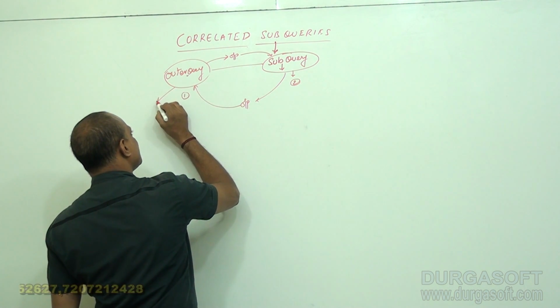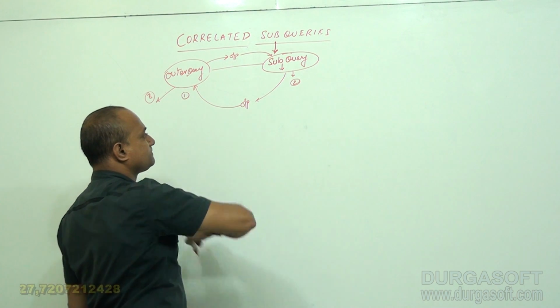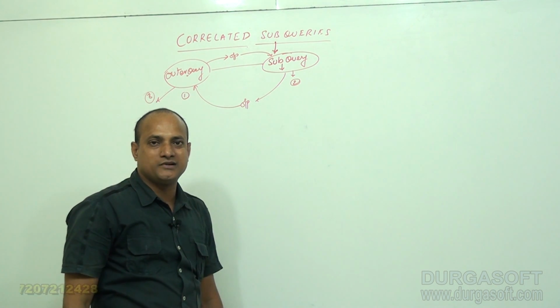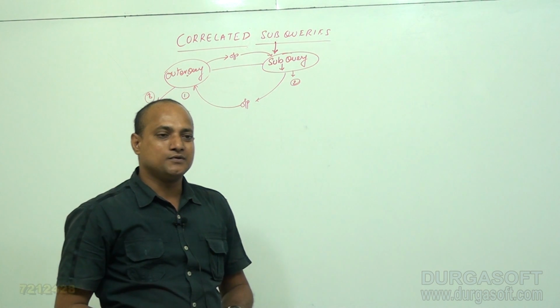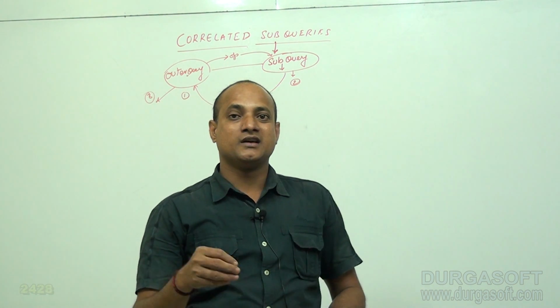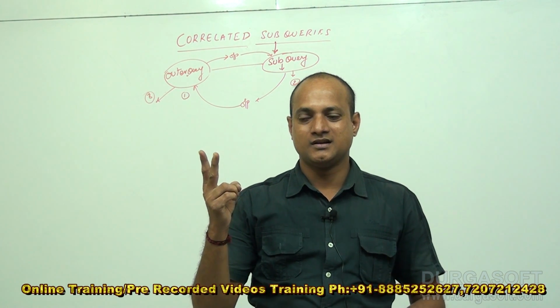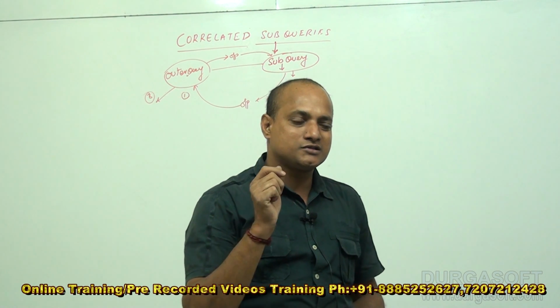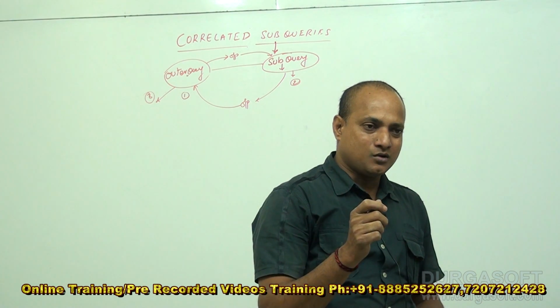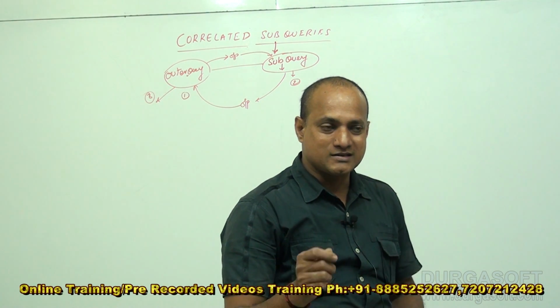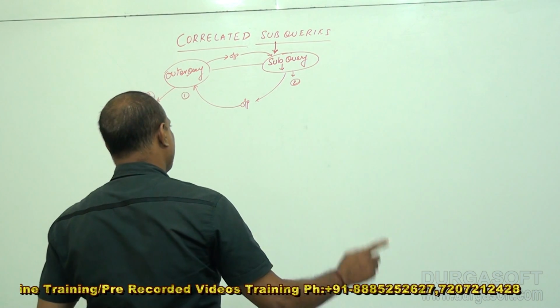Then the outer query is executed again. So if you write a correlated subquery, how many times is the outer query executing? Twice. That's why don't prefer correlated subqueries unless you have a perfect requirement.